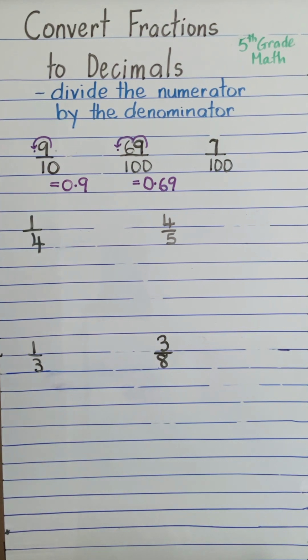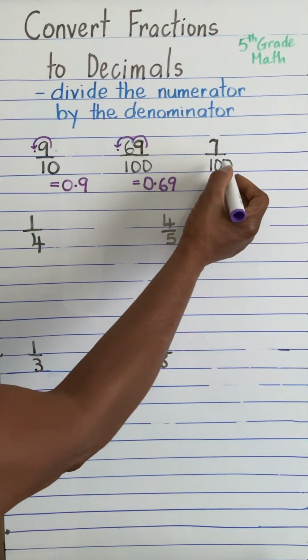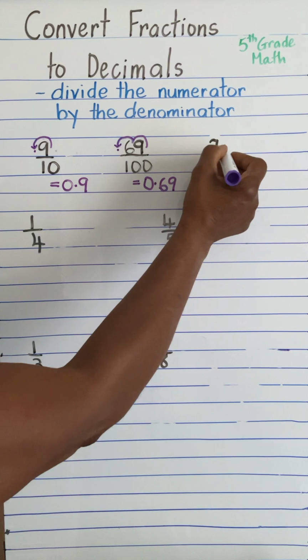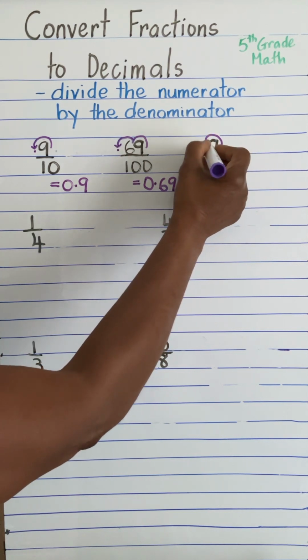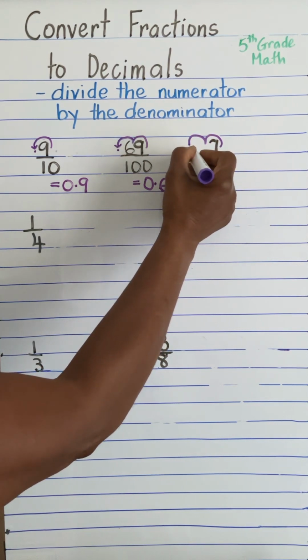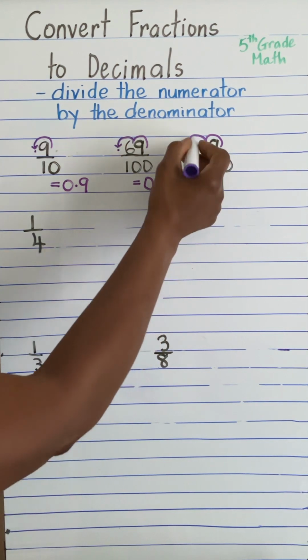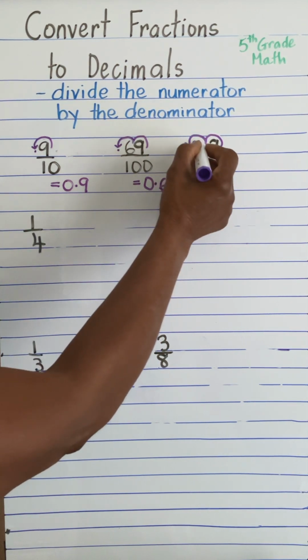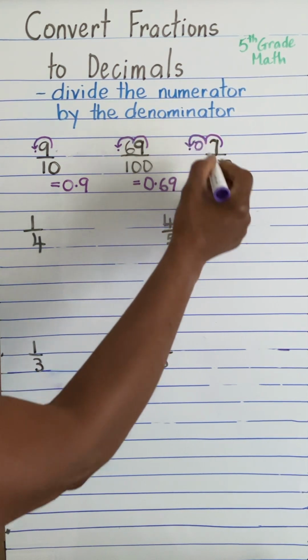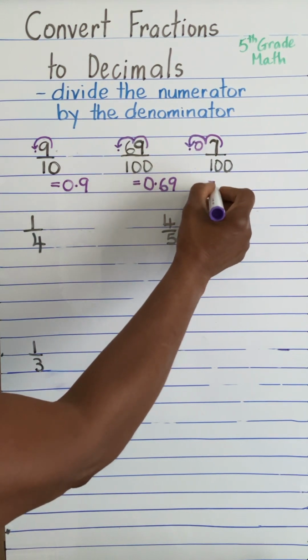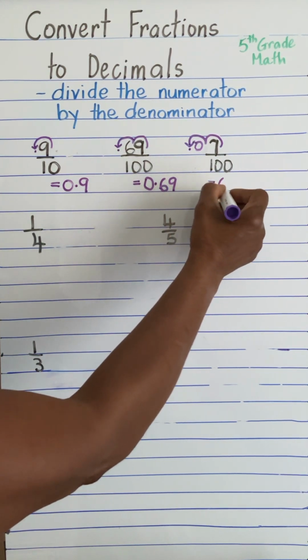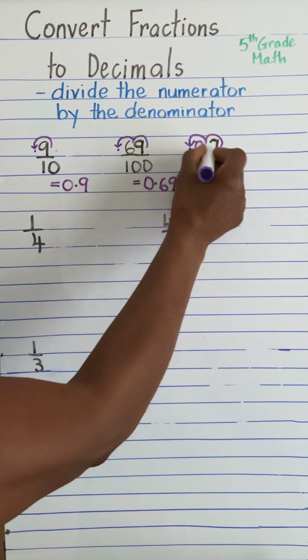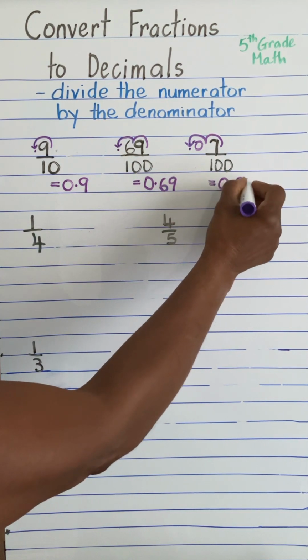Next, 7 over 100. Two places to the left: 1, 2. The point comes right here. There's no number here, so we just have to put a 0 as a placeholder. So 7 over 100 is equal to 0.07.